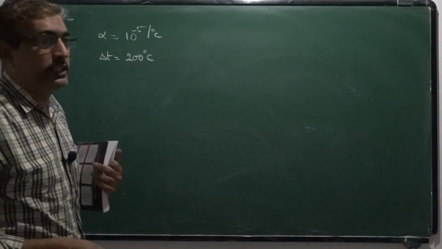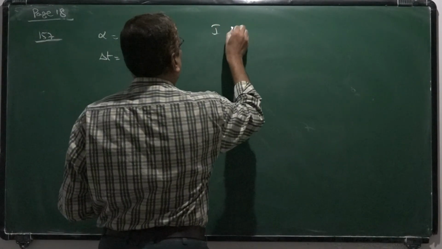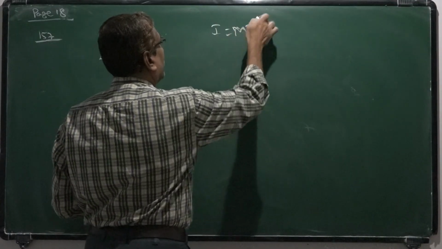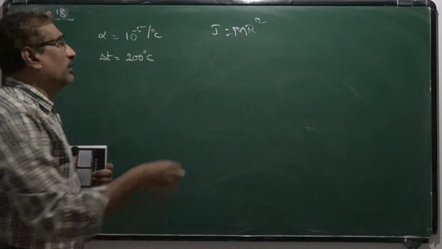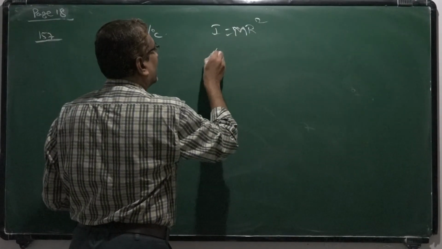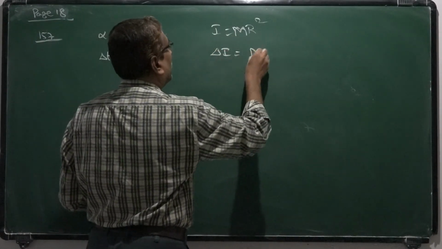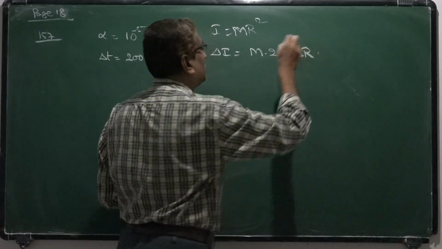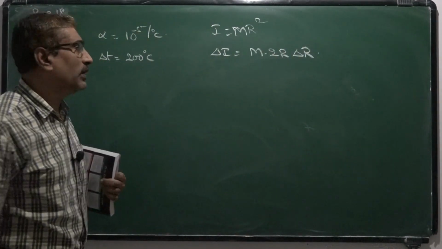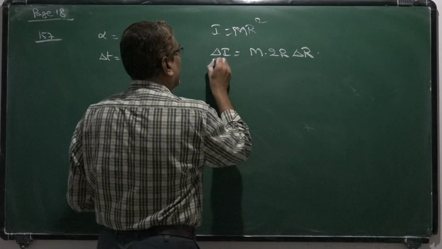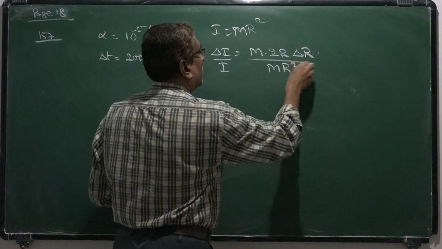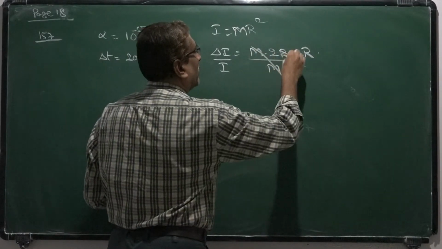Actually, moment of inertia I is proportional to m r square, you know, mass into square of the radius. So now we can write delta I is equal to m into 2r delta r. Now dividing with I, that is m r square, m will get cancelled, one r will get cancelled.